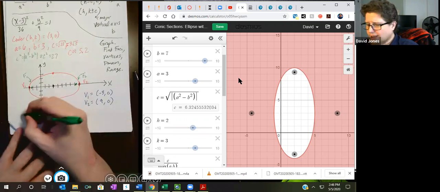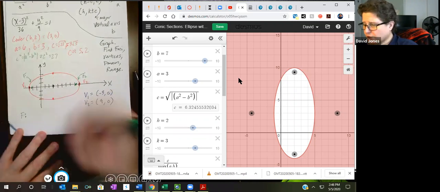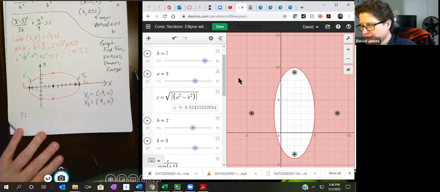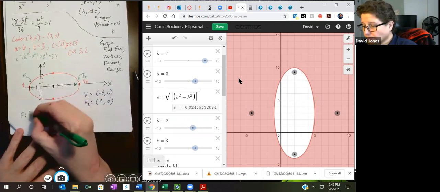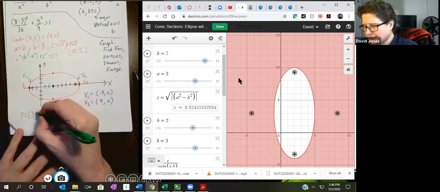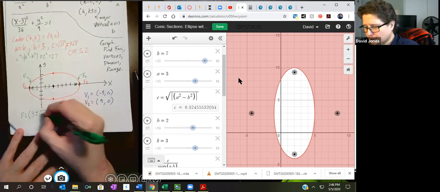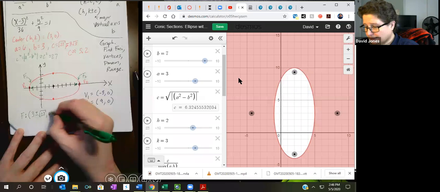The shortcut for the foci is to write h, k and then say plus or minus c in it. This is 3 plus or minus the square root of 27, 0.